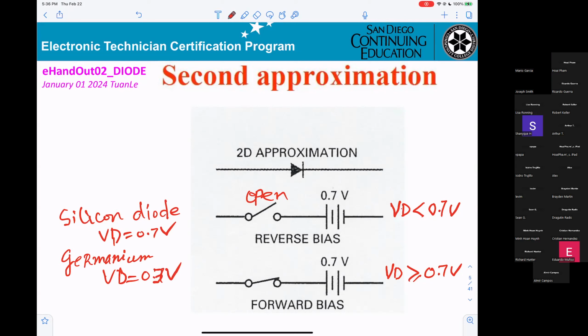However, we deal with a silicon diode, so every time you say on, you use 0.7. Okay, not the 0.3.